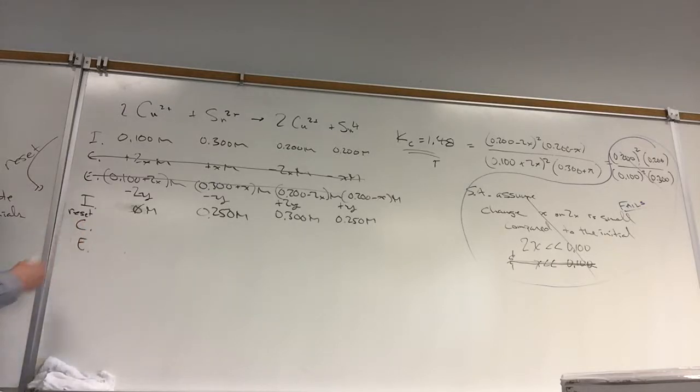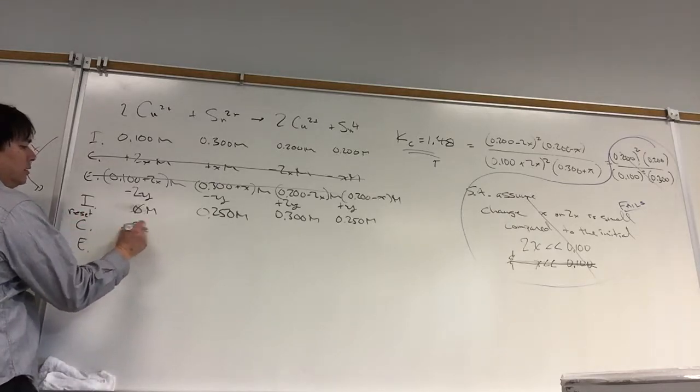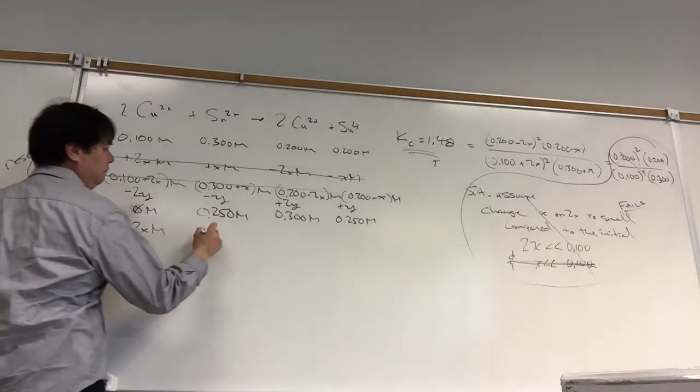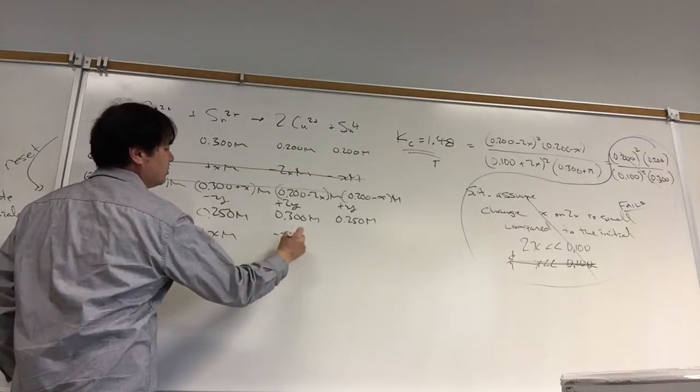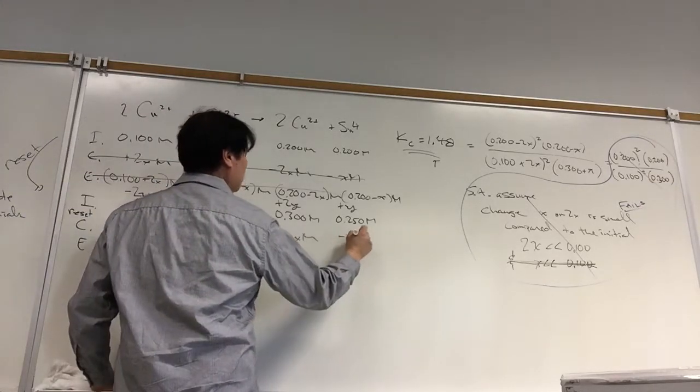The other reason is, if we just go ahead and reset it, do we have to calculate Q now? It's not necessary to calculate Q because if you have a 0, you can't go lower than 0. You're only going to go up. So on this side we have to add 2x because we have to increase from 0. And so I don't have to calculate Q. I know it's going to be plus 2x molar, plus x, minus 2x, minus x.